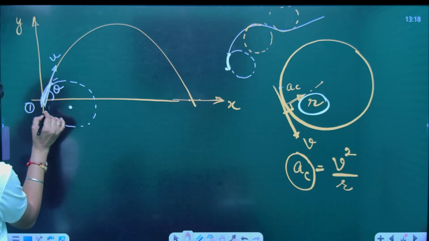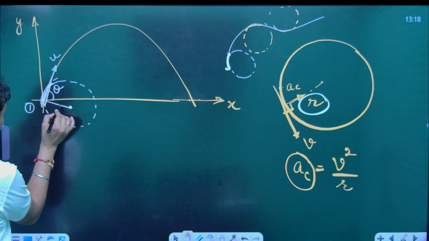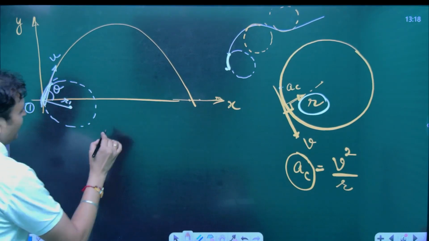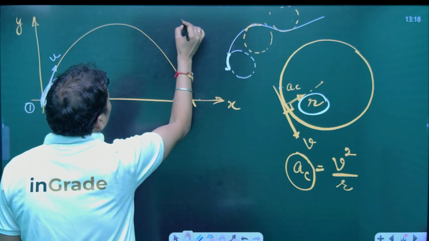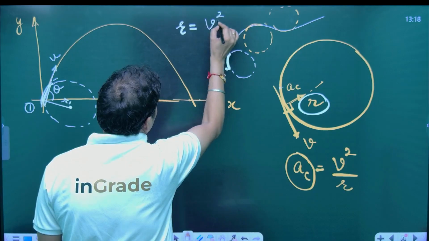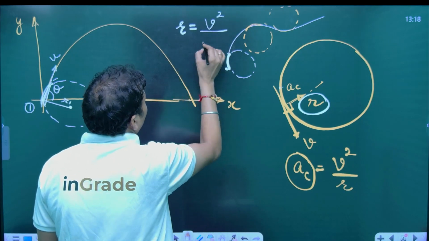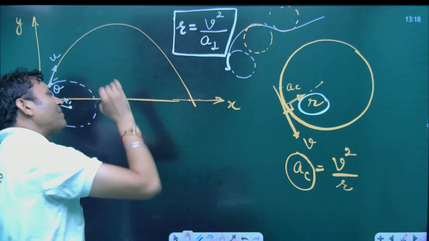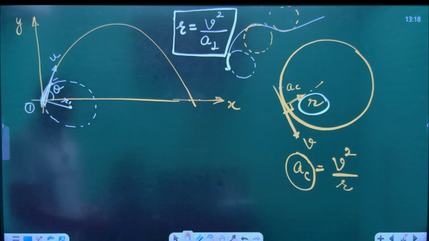This is the center of the circle, let us say. This is the radius of curvature r1. So at any point, radius of curvature is equal to magnitude of velocity square upon the perpendicular component of acceleration, isn't it?